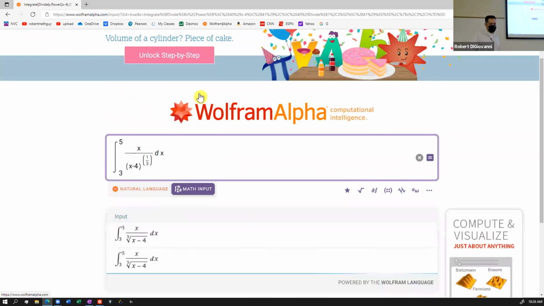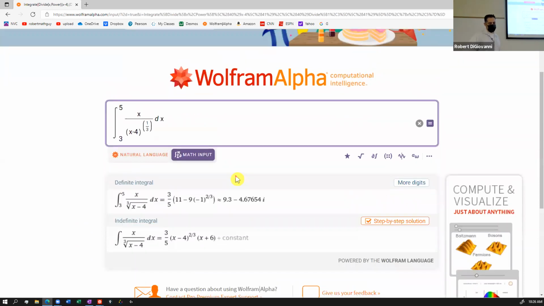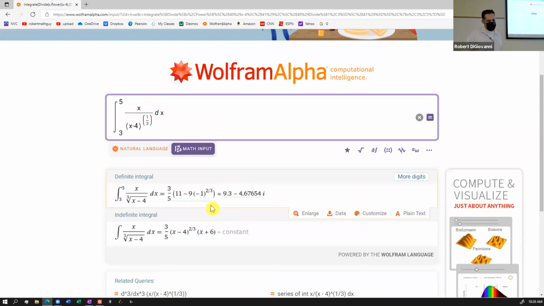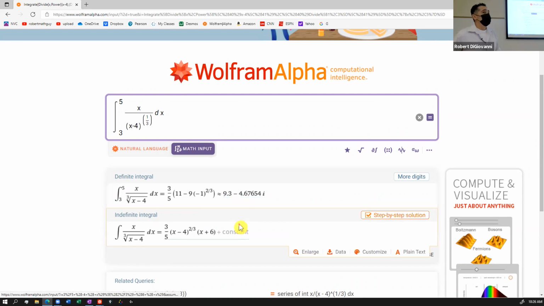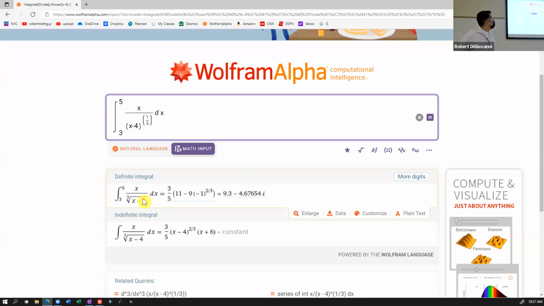Six fifths. Ooh, it had trouble. It did not know how to handle that discontinuity. You'll see that? Interesting. That's surprising.